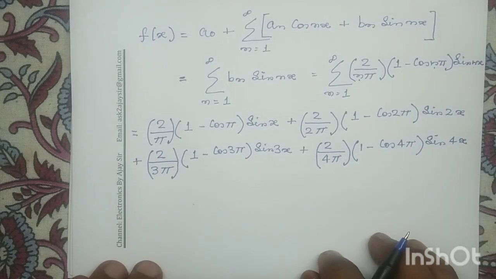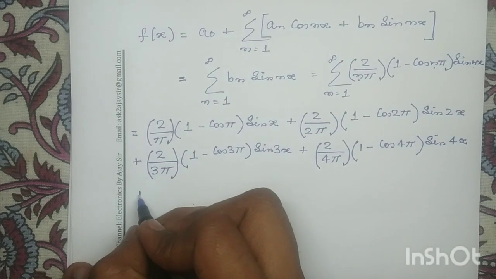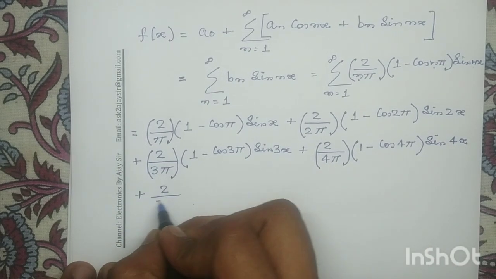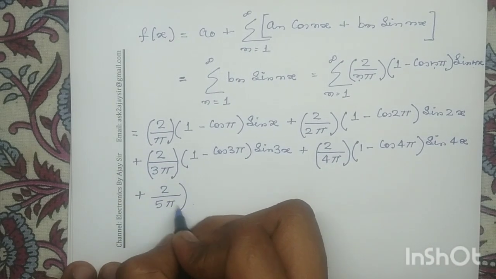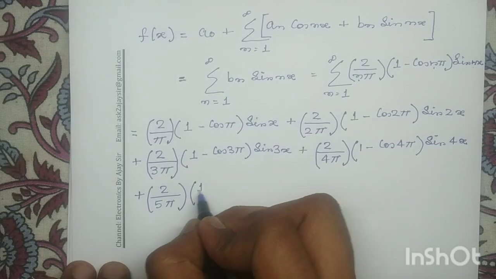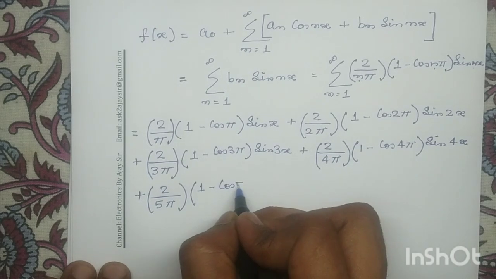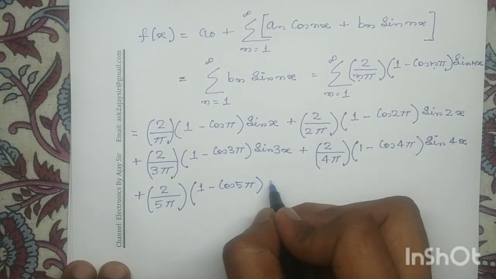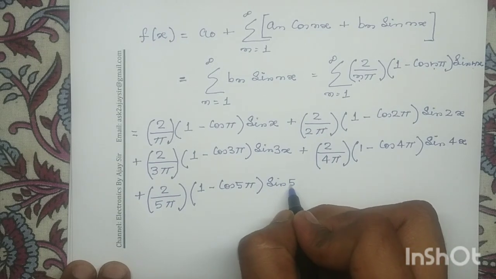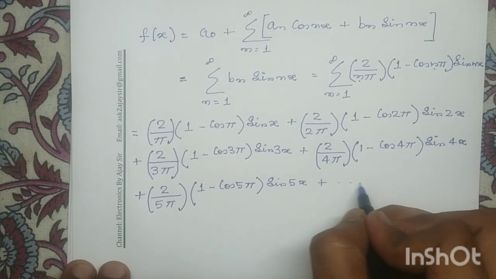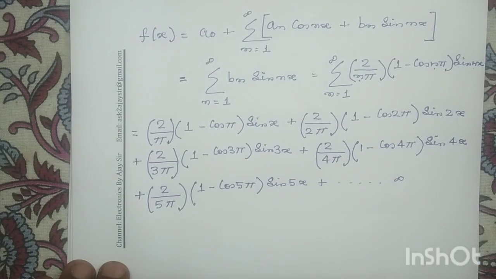One more term we will write, that is n is equal to 5. So the expression becomes 2 by 5 pi, 1 minus cos 5 pi into sine 5x, and so on up to infinite number of terms.